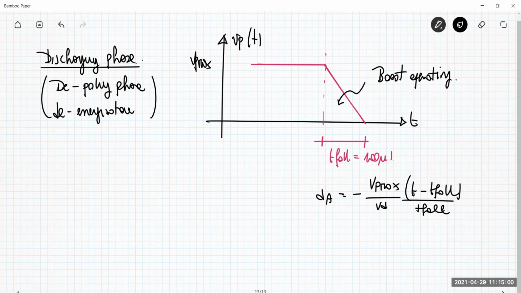Let's have a look at this specific region that I called previously B. What are the devices that are employed in this phase?